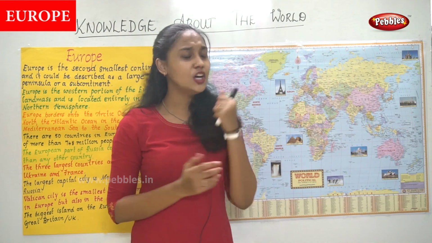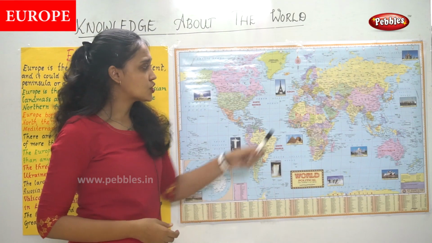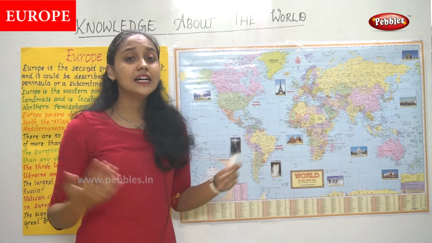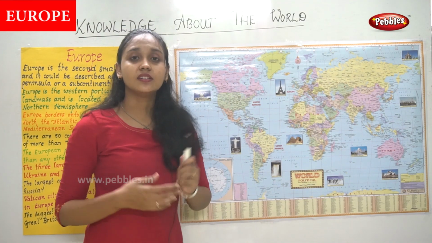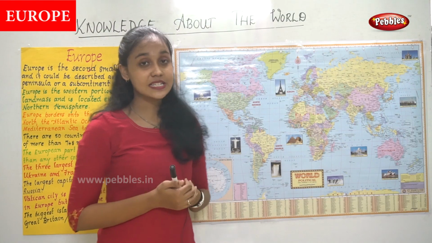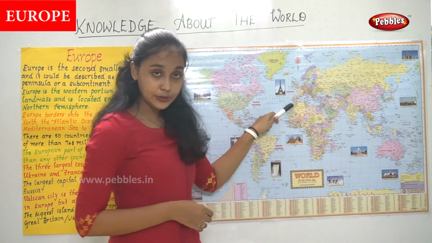So first, look at the map. Where is it located? You can locate it right here. What are the things that are surrounding it? The countries or the land mass or the water bodies. See, this portion here is Europe.